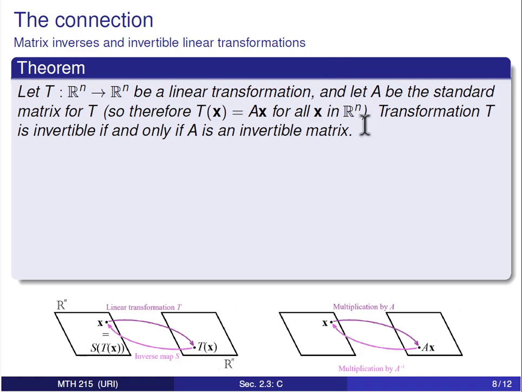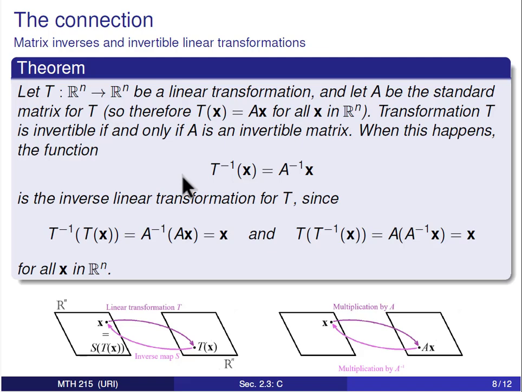So with this setup, transformation T will be invertible. There will be an inverse linear transformation if and only if A, this standard matrix A, is an invertible matrix. In other words, you're going to find a map that undoes the action of T if and only if the matrix A that accomplishes the same effect has an inverse.